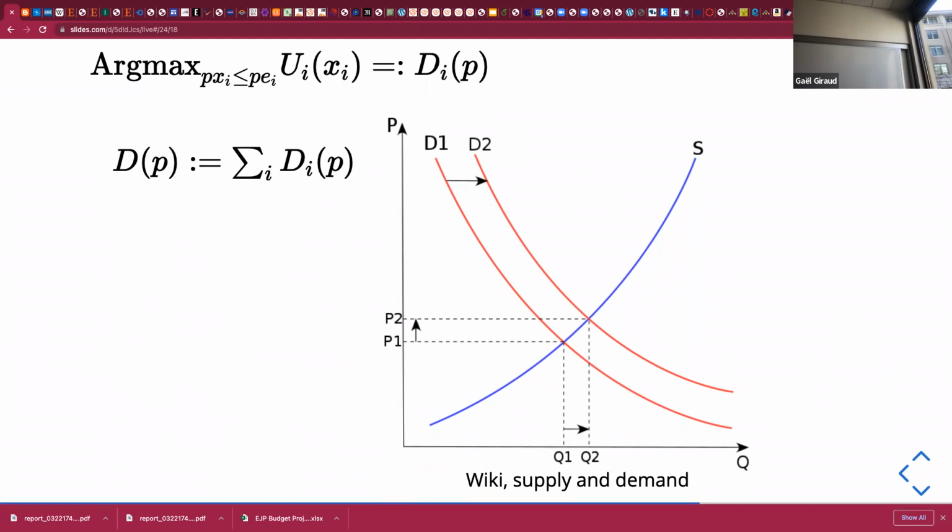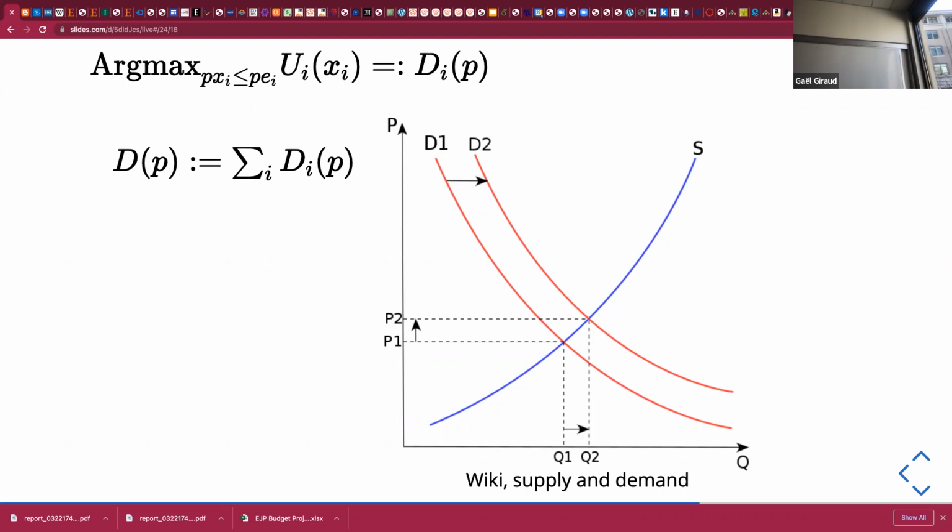In addition, we can prove that this equilibrium is Pareto optimal. This was proven in the 50s by Kenneth Arrow, who got the Nobel Award, and the French mathematician Debreu, who was in California at this time. And then they're happy with that.